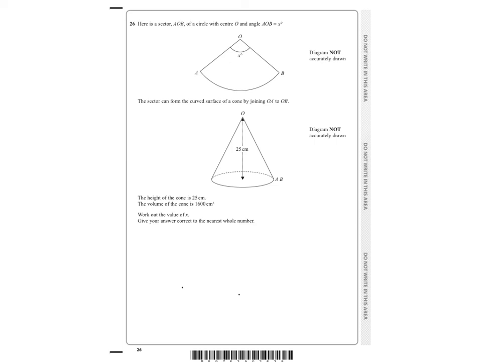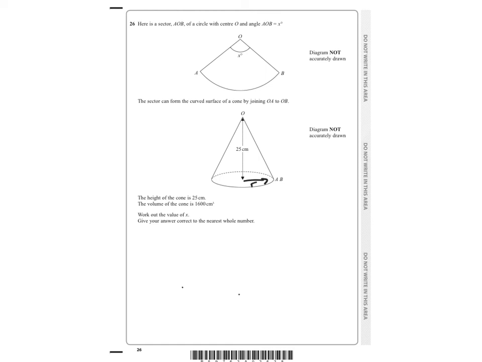Okay, so this is a bit of a spin on what we're normally used to, where we have 3D. We have volume of cones and cylinders, but we're including that into an angle of a sector. So first things first, if we know the volume and the height, we can work out the radius, which we're going to need. So step 1, work out the radius.